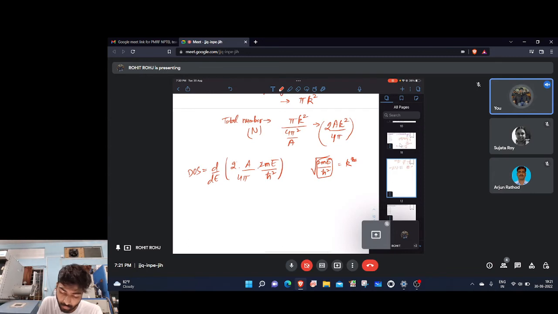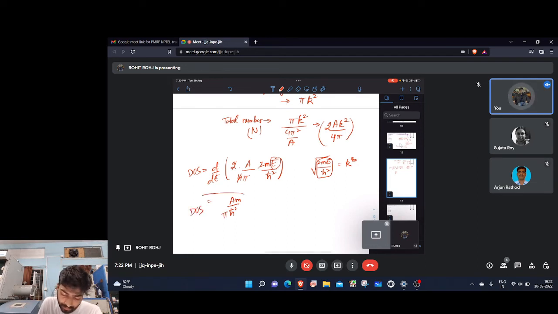So 2 to 4 goes here, and we are left with A by h cross square into the first derivative of E, which is also there. The first derivative with respect to energy is nothing but a constant, so we are left with A m by h cross square, one has a pi.